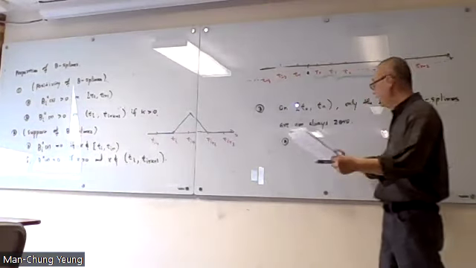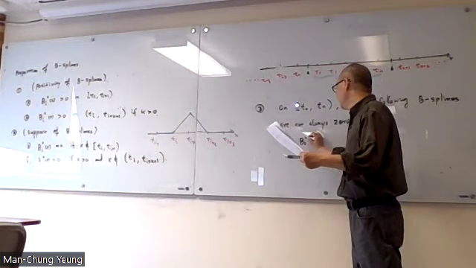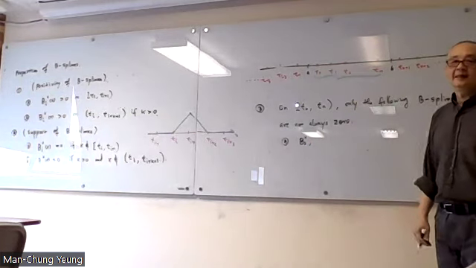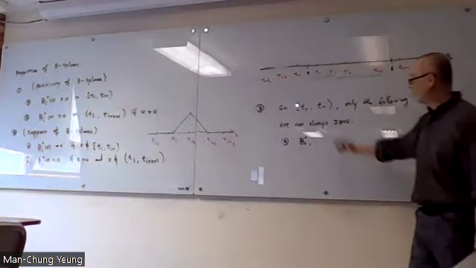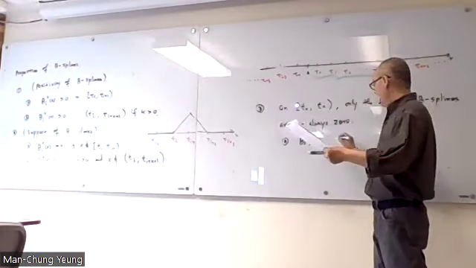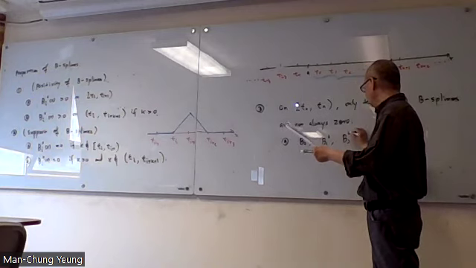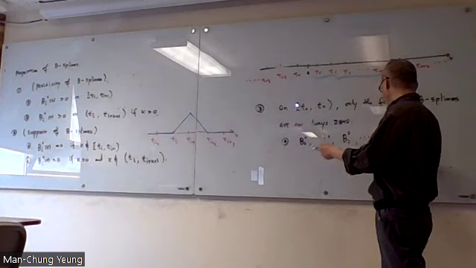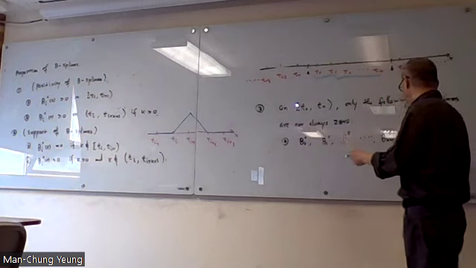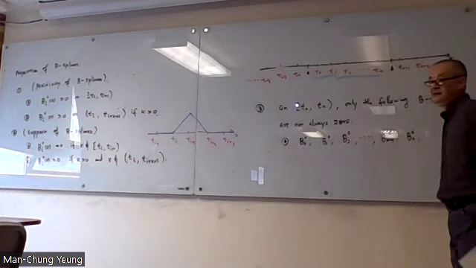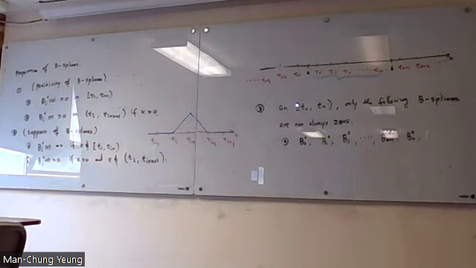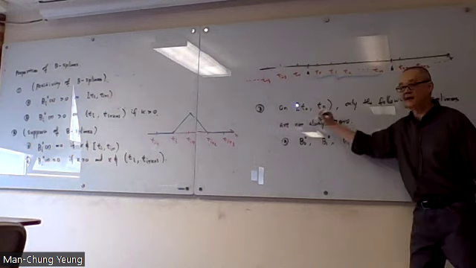When k is zero, b0 is not always zero over this interval: b1 0, b2 0, up to bn minus 1 0, bn 0. How about bn plus 1 0? This one is always 0 for any x in this interval.